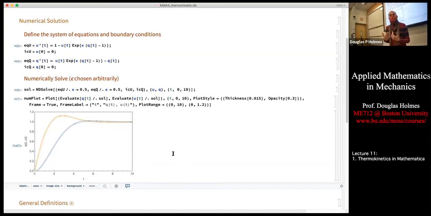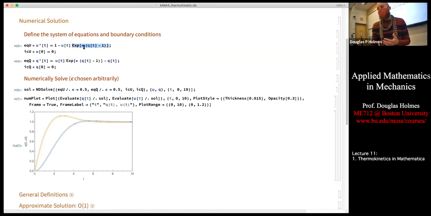Here, the nature of the problem is different. Our equations have exponentials in them, and at long times, these things are going to go away and fall to a value of 1 on the y-axis.